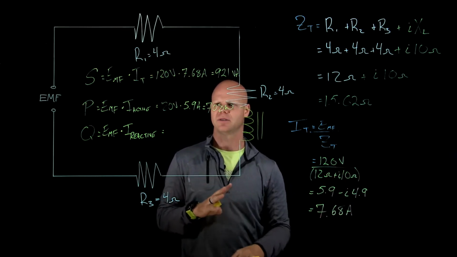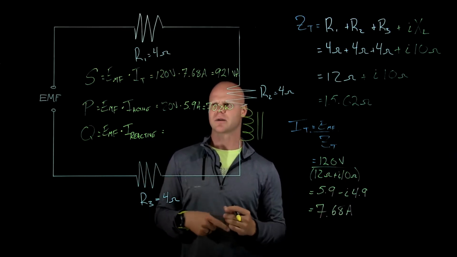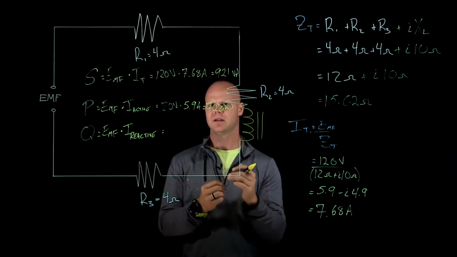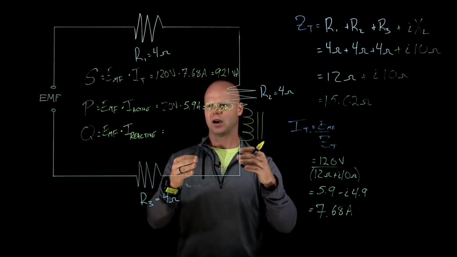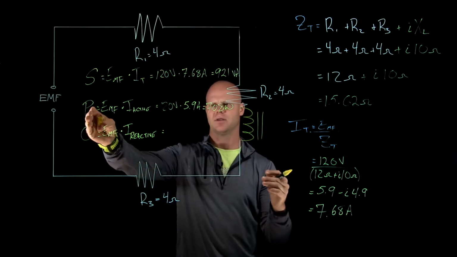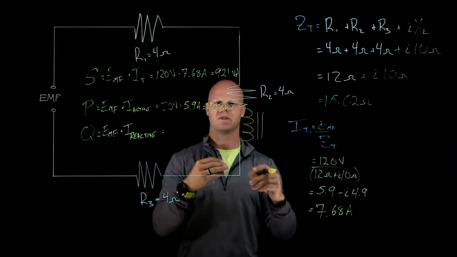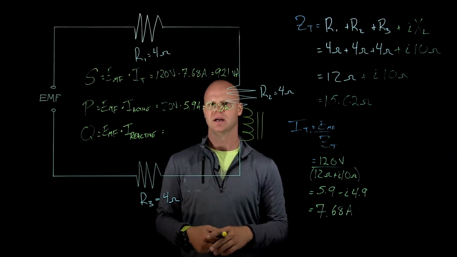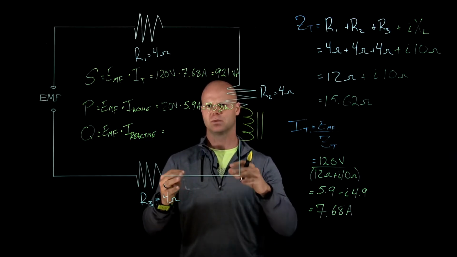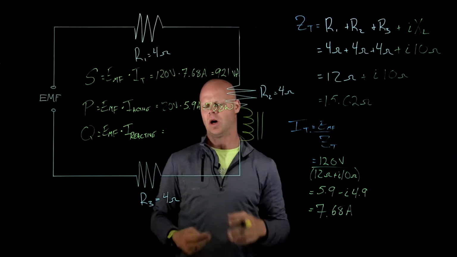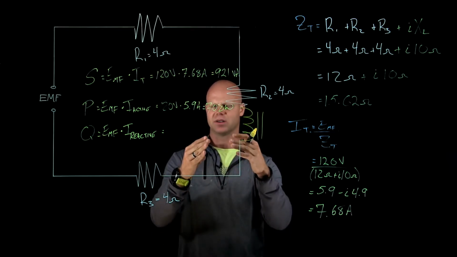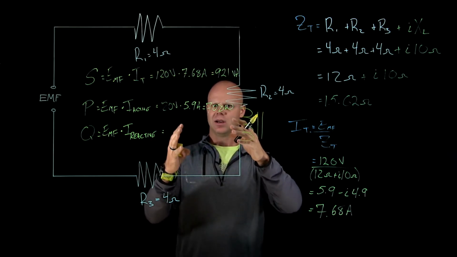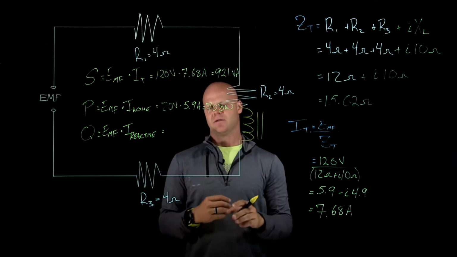How is that viewed? Industry has determined that when power is being consumed, we are going to consider that a positive value. Watts is an absolute value. Whenever you calculate watts, it will always be a positive value. Because watts is always consumed, a consumer is using watts, and that will always be a positive value.